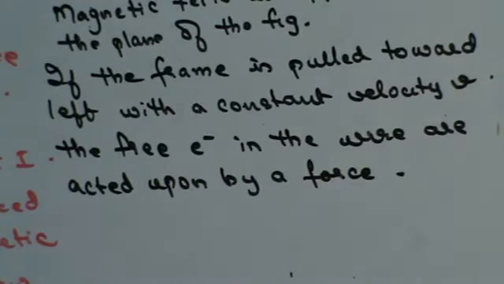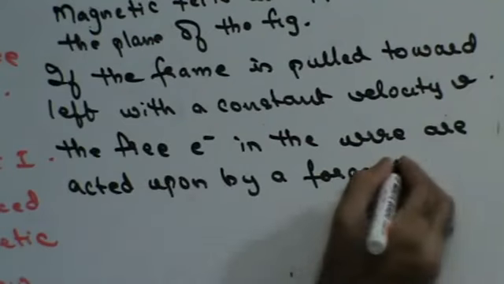Now let's try to find out what is the force that will be produced there. Why are they acted upon by a force? Because the electrons are charged particles, and any charged particle moving with a velocity in a magnetic field is going to be acted upon by a force.